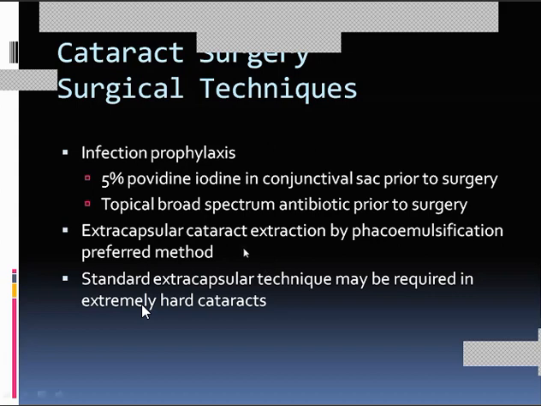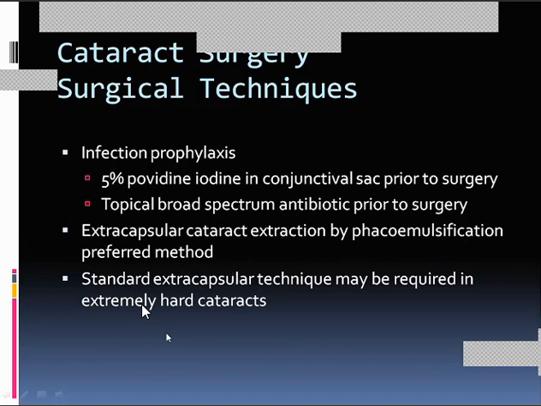The surgical techniques are extracapsular cataract extraction or phacoemulsification. SICS and also phacoemulsification are the two methods we are commonly doing nowadays. Even though laser extraction is also there, here we are using phacoemulsification and SICS, the two methods we commonly use.